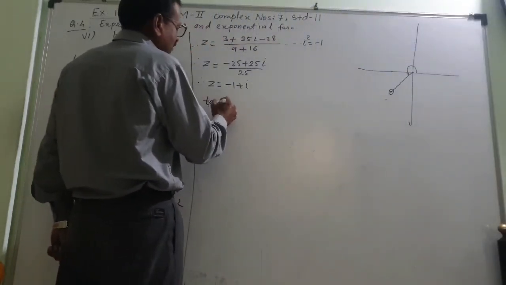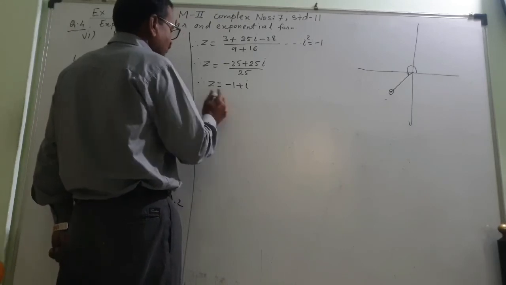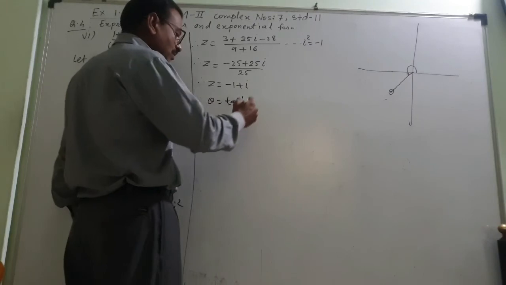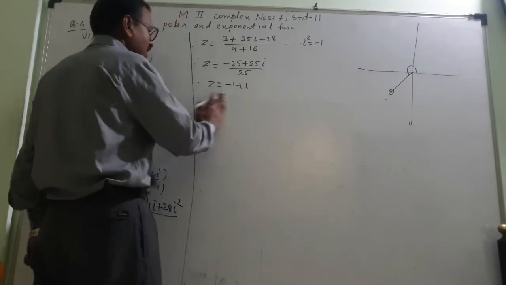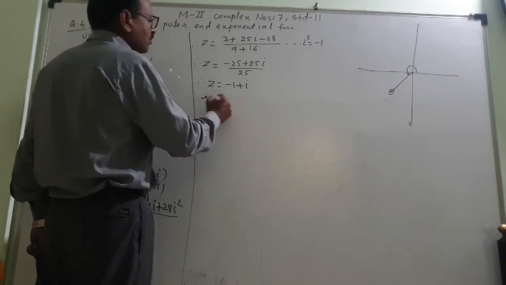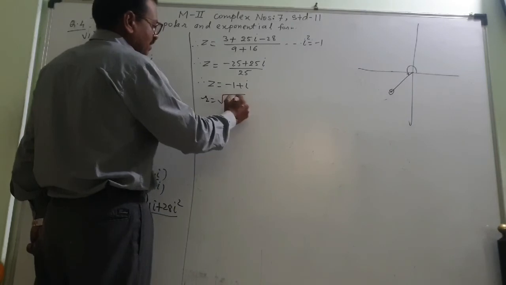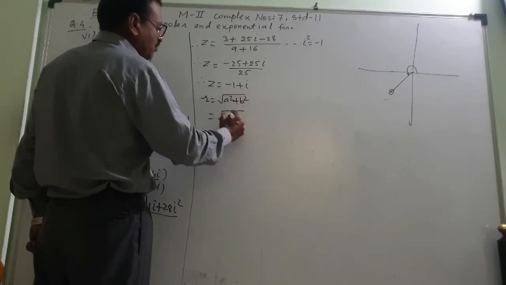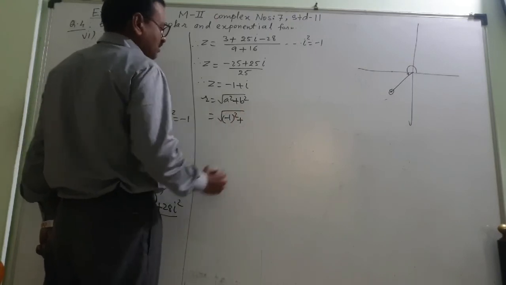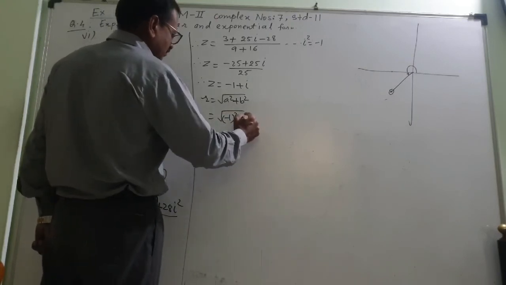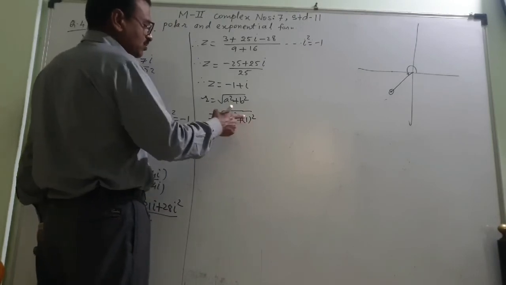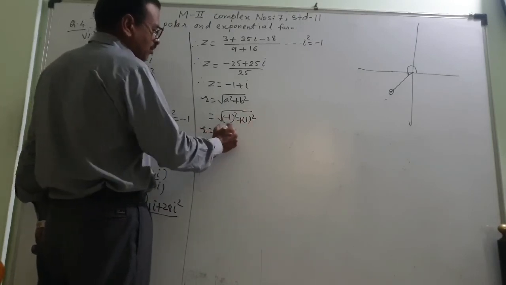Tan theta, theta is equal to tan inverse. First r: r is equal to under root of a square plus b square. So that is equal to minus 1 square plus 1 square. Minus 1 square is 1, 1 square is 1. So 2. R is equal to root 2.